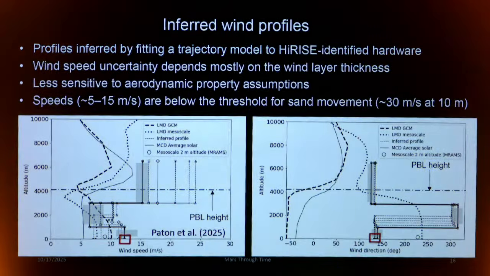So these are the wind profiles. As you can see, they're quite coarse, given the limited points. But we were able to constrain the wind speed and wind direction. At the surface, the wind speed range is somewhere between 5 and 15 meters per second.